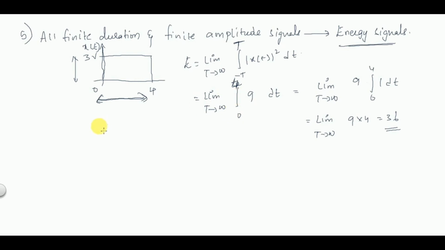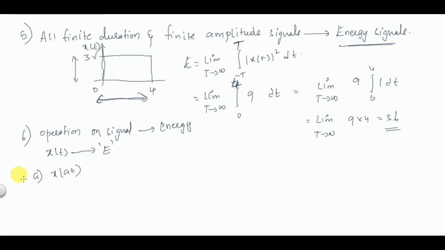Okay, sixth, they may ask you operation on signal to find energy. Suppose there is a signal x of t whose energy is E. Then they may ask you to find the energy in the signal x of at.